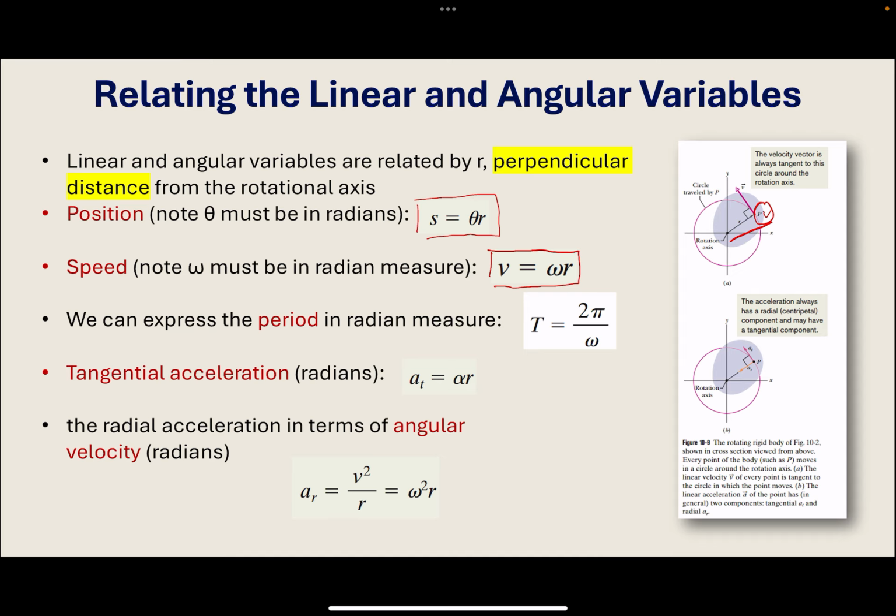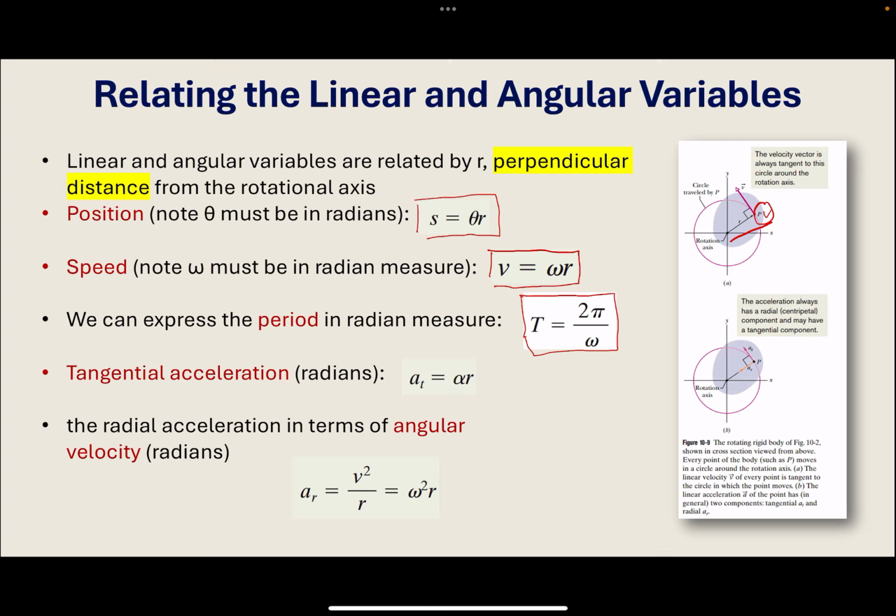Think of a fan blade: the tip moves much faster than the inner part near the center. Next we have period. One full revolution corresponds to 2 pi radians, so T equals 2 pi per omega. The faster the angular velocity, the shorter the period, just like smaller gears spinning faster in a gearbox.